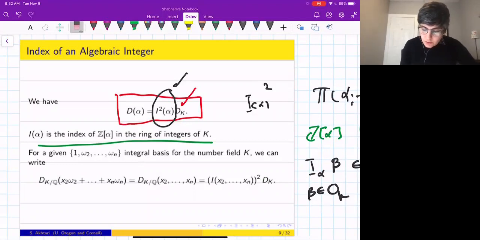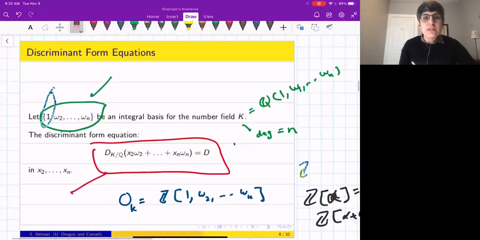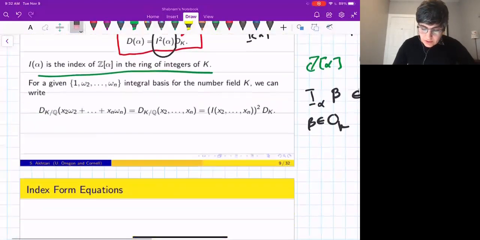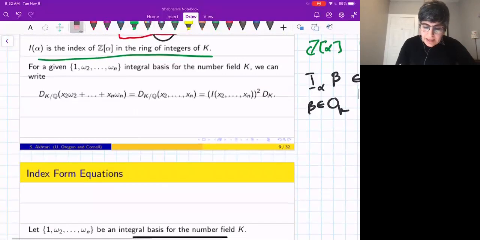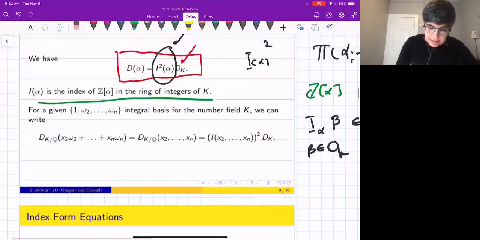Okay, so let's go back to our discriminant form equation. It's the one that I showed on the previous page. But let's bring in this I that we introduced here.